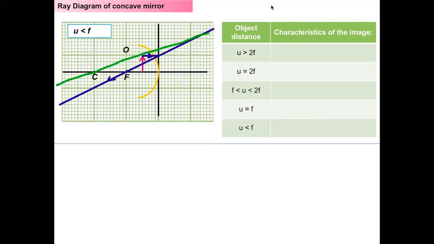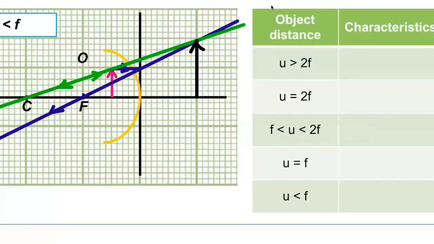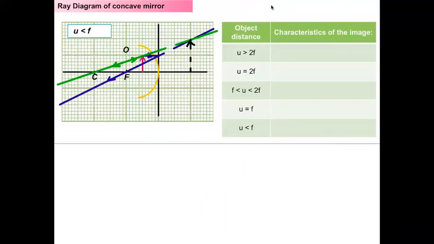So the image produced is here, at the intersection. Don't forget to make it into dotted lines. So this one is also virtual, upright, and magnified.